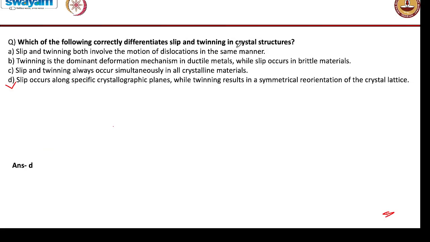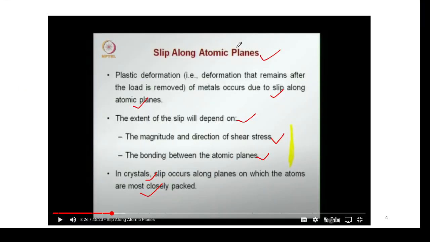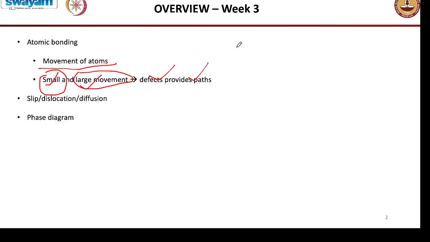Then we also studied the difference between slip and twinning, and slip in general, and then the movements of atoms in the lattice and their interatomic forces and distances in general.